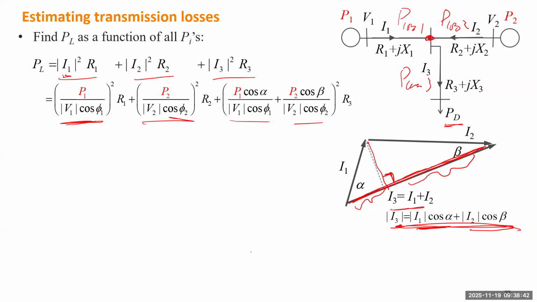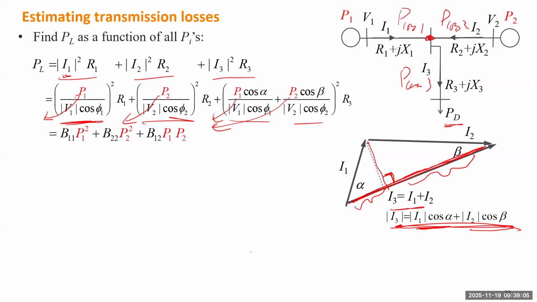So it will be a sum of expressions, each depending on one of the generator outputs. Next, you just move the P1, P2 outside. So it has to be a quadratic function, in this form.